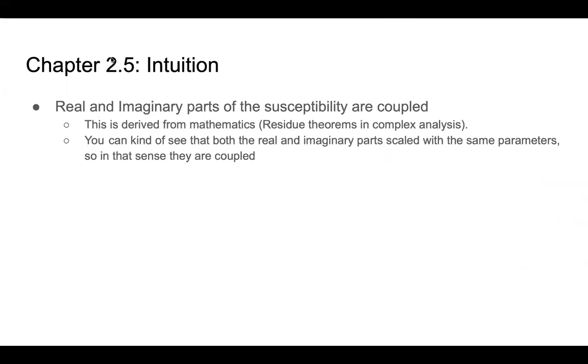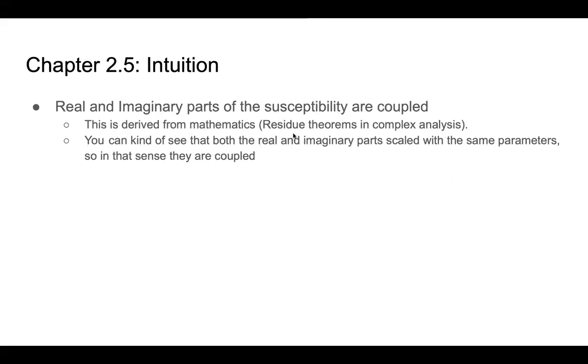And then 2.5, the Kramers-Kronig relations. You have the real and imaginary part of the susceptibility are coupled. This is basically straight mathematics. If you take a course in complex analysis, you might get to derive the Kramers-Kronig relation.